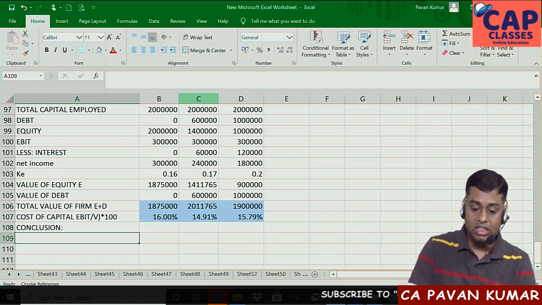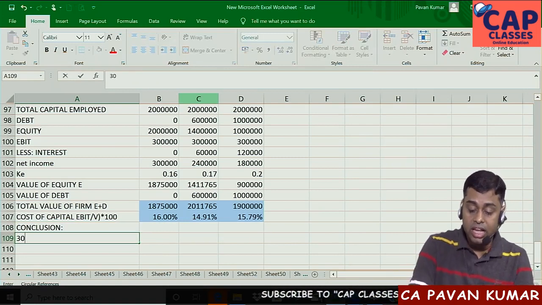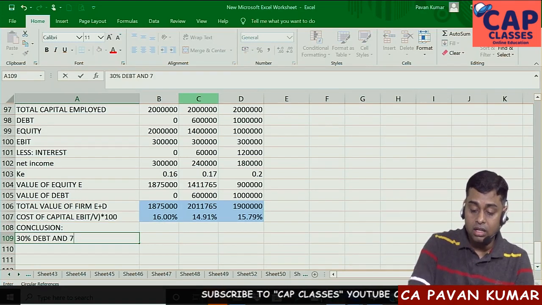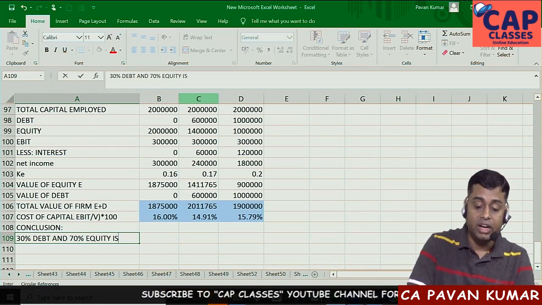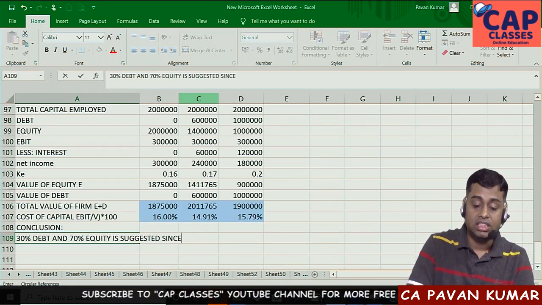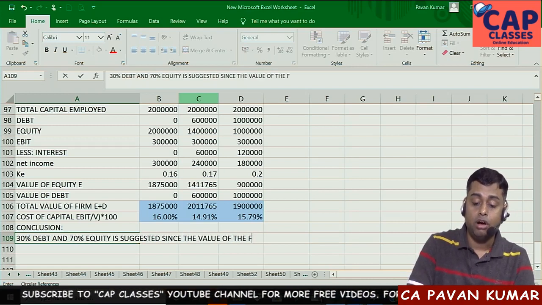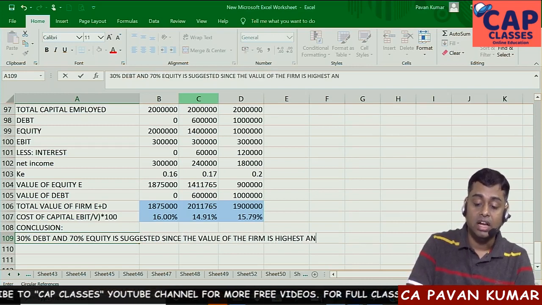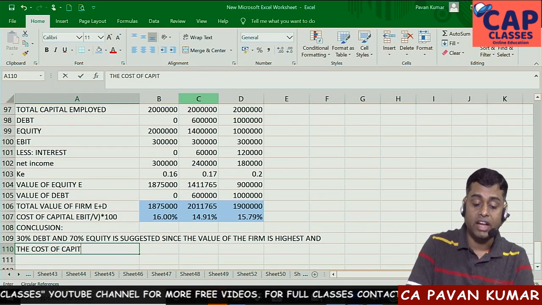What is our conclusion? 30% debt and 70% equity is suggested since the value of the firm is highest and the cost of capital is lowest at that capital structure.